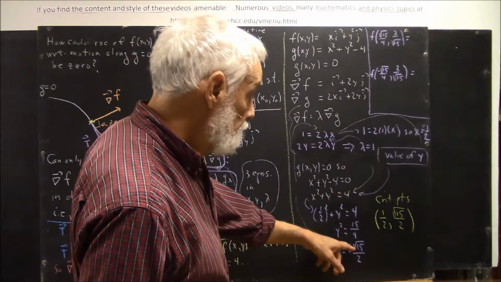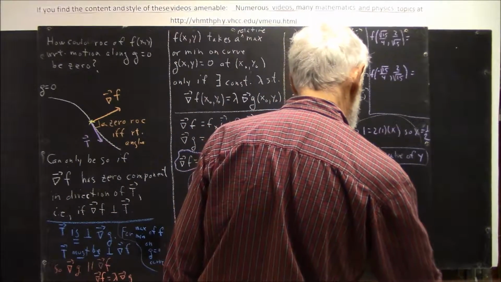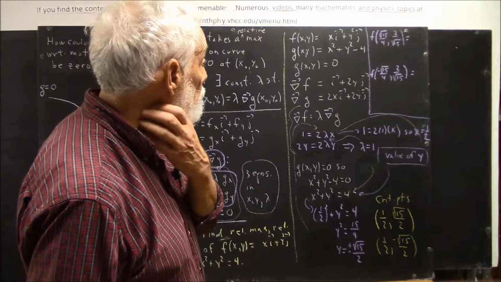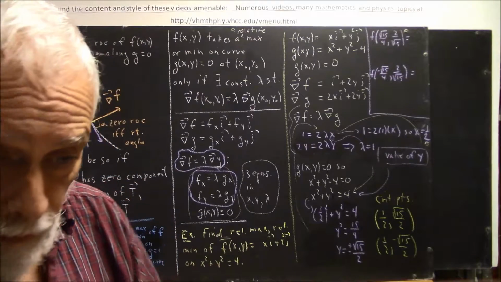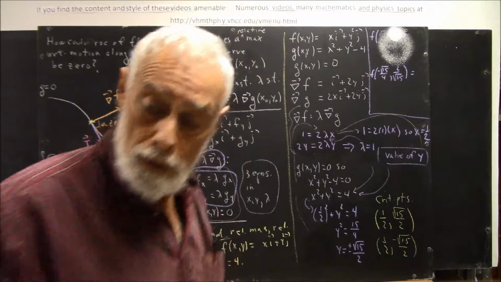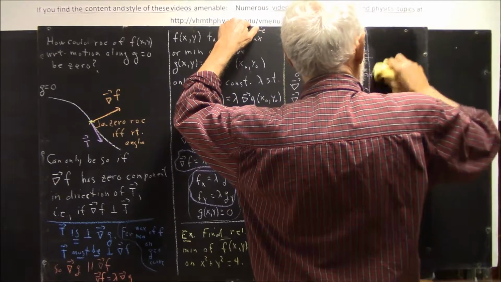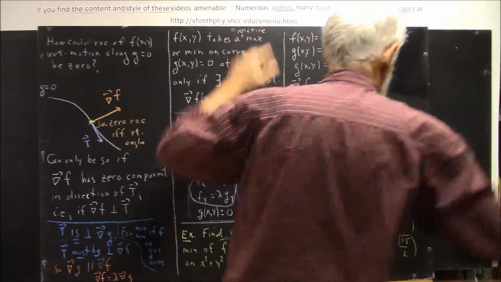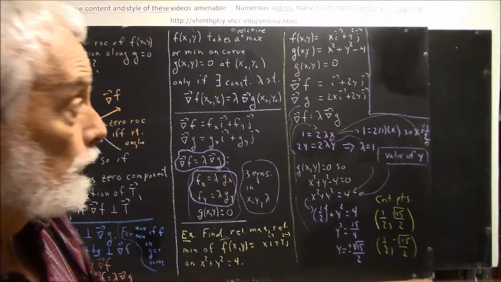Y could be plus square root of 15/2, or negative square root of 15/2. Okay, now I wrote a couple of things up here because when I did this earlier, I wrote something down carelessly, as happens way too often. But what we need to do now is we need to determine what the values of f are at these points. We still don't know which point, if either, is a relative max, which, if either, is a relative min.